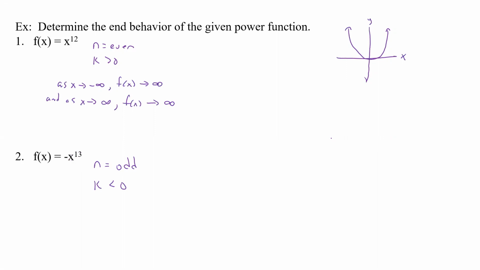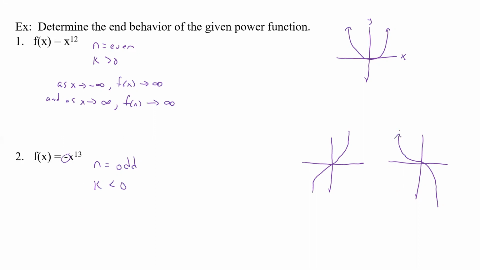So if we remember, our original function for odds are like that. But when we have that negative out front, we have to flip it over. And so now it comes down like this. Again, we flip over the y-axis or flip over the x-axis, we get the same picture here. And so what we get?